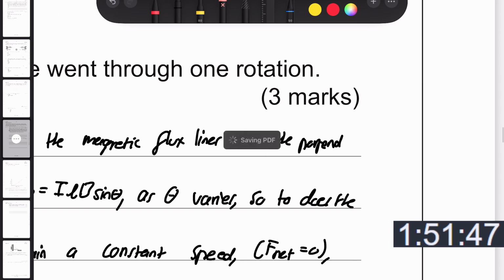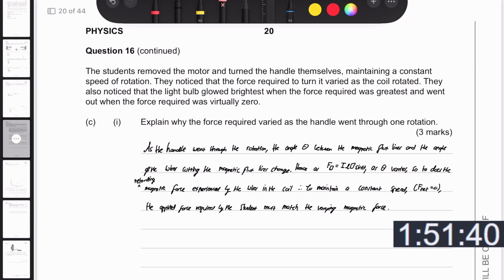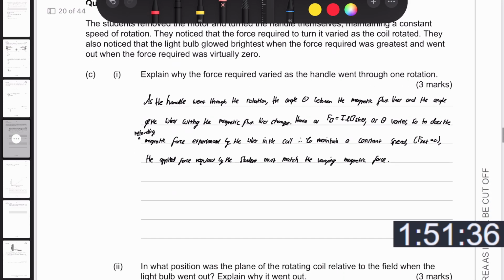Perpendicular. So I just need to add the angle. Conductor length. Okay, magnetic force varies. So your magnetic force is going to be changing.